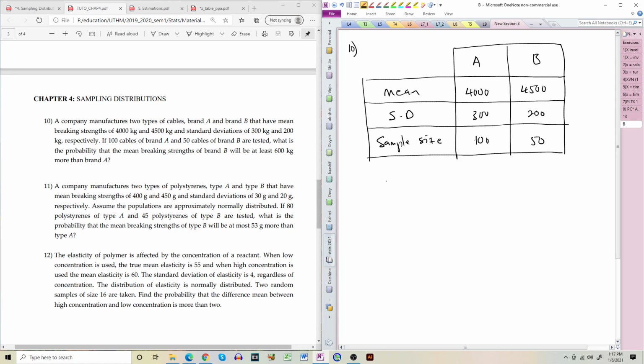So first of all, the thought process, how you should think: identify which one is higher, the mean breaking strength of brand A or brand B?